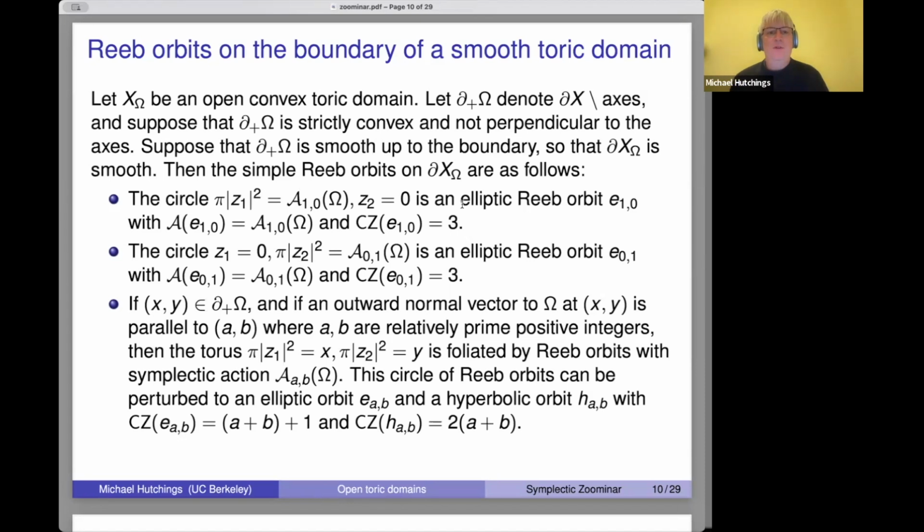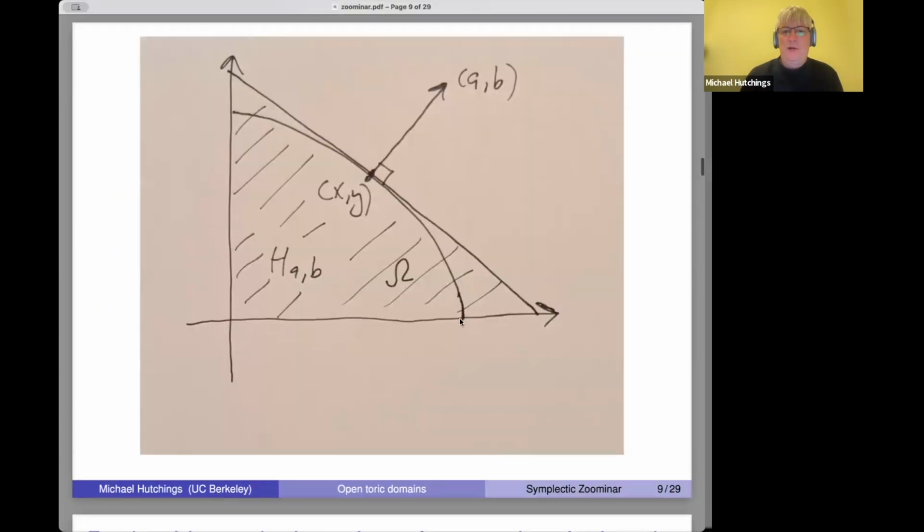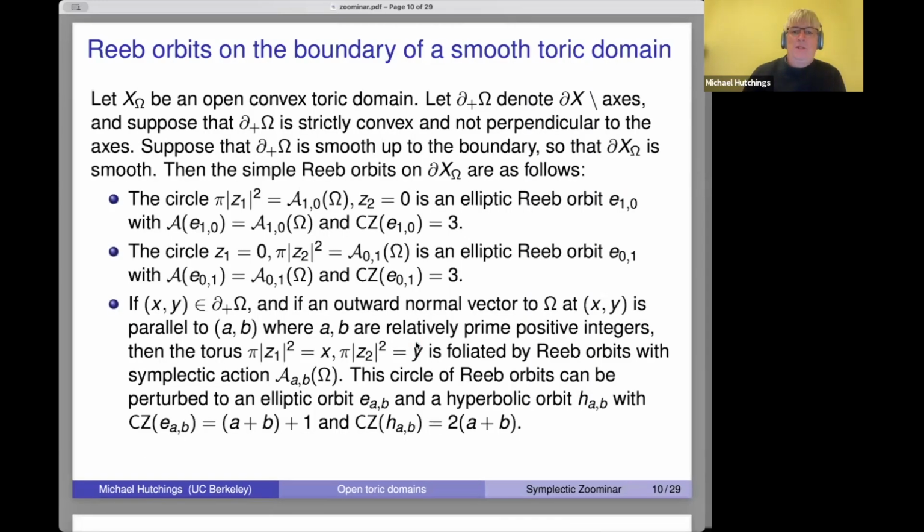Okay. Anyway, so this is Conley-Zehnder index 3. Its action is the number A_{10} of Omega, which is a clumsy way of just writing the x coordinate of this point. So its action is the x coordinate. Likewise, on the y-axis, there's an elliptic Reeb orbit where z1 is equal to 0. Its action is the y coordinate where I hit the axis, and its Conley-Zehnder index is also 3.